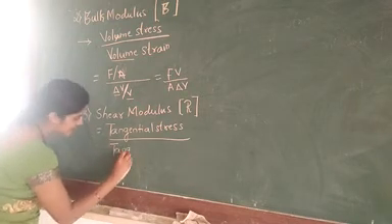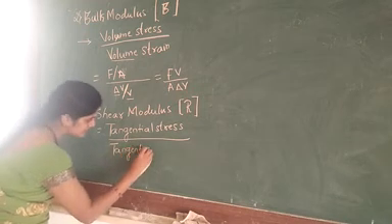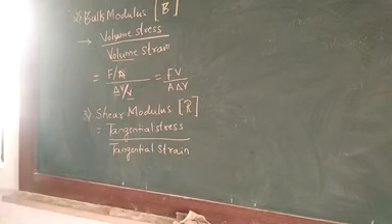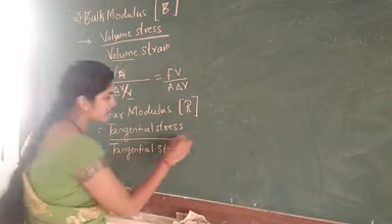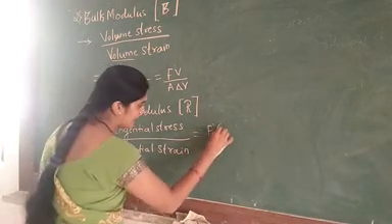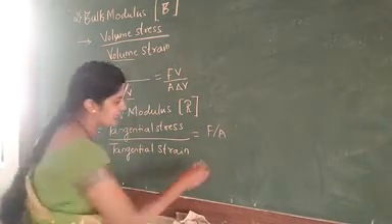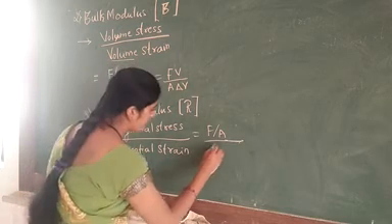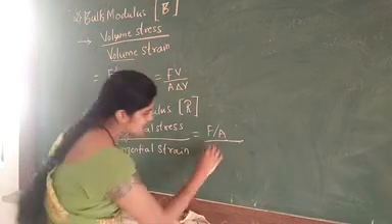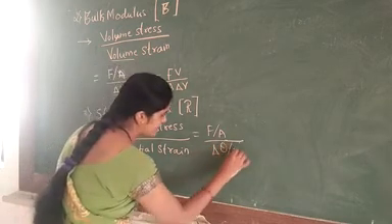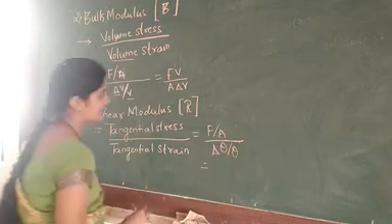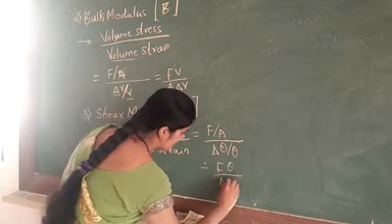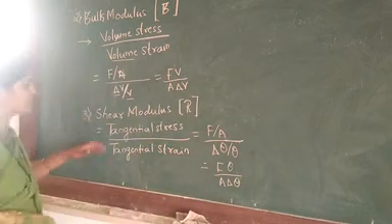Now we write the formula: tangential stress is F by A, divided by the change in angle, delta theta by theta. Therefore, we can write the equation as F into theta divided by A into delta theta. This is the shear modulus.